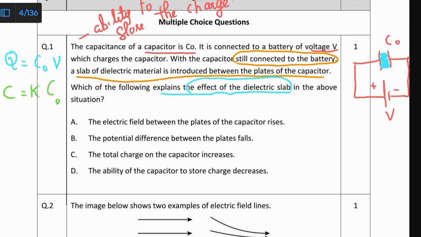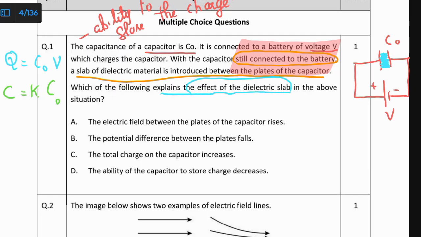Okay, so this is the first line. The initial charge is C naught into V. When I am introducing the dielectric, the capacitance is increased to C equal to K into C naught. But over here, one thing you have to notice is the battery still remains the same, right? The battery voltage is not going to change. Yes or no? So what does this mean?